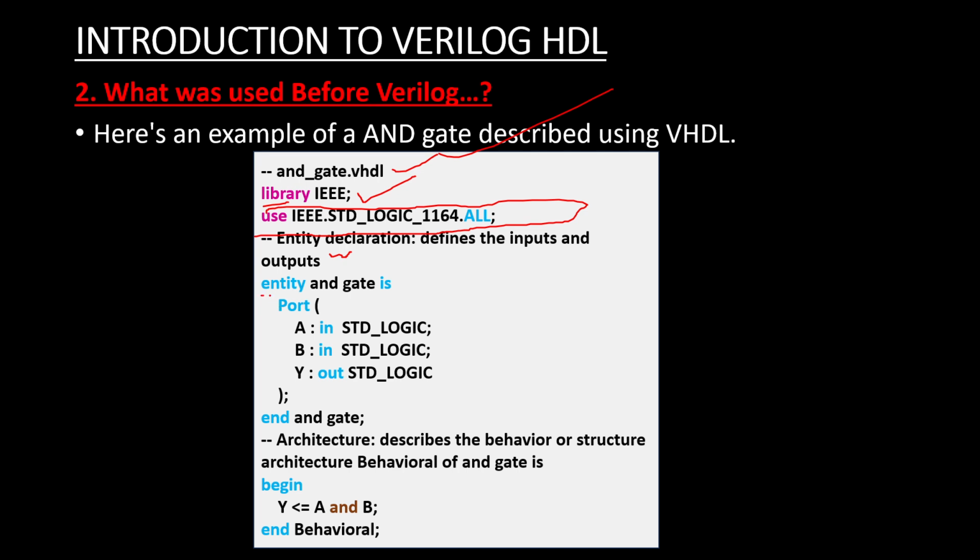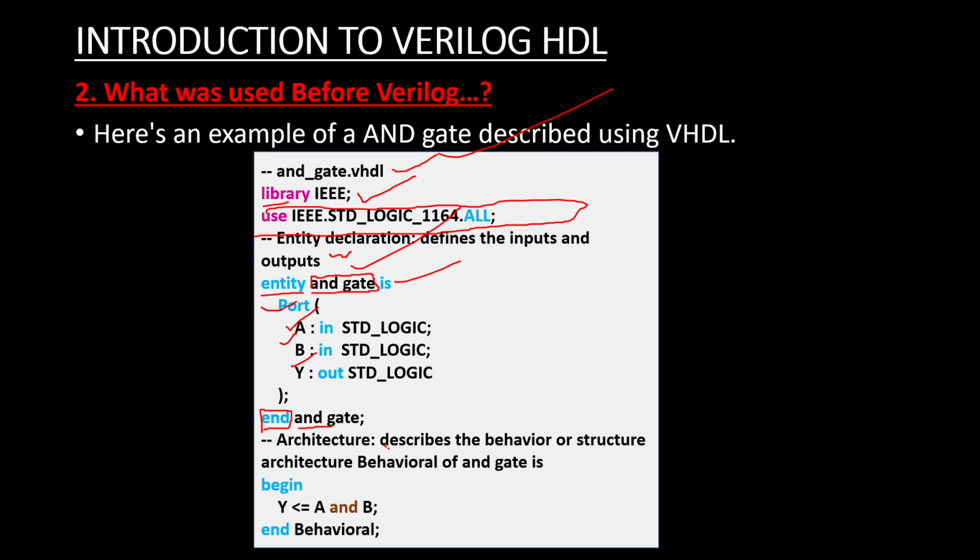We use the keyword entity, then the gate name, which is the name of the circuit. Is is a keyword. Port is used to declare the input and output ports. We have to use parentheses. These are the inputs A, B, and the output Y. Then we end the entity which we have declared. Architecture describes the behavior or structure of an AND gate.